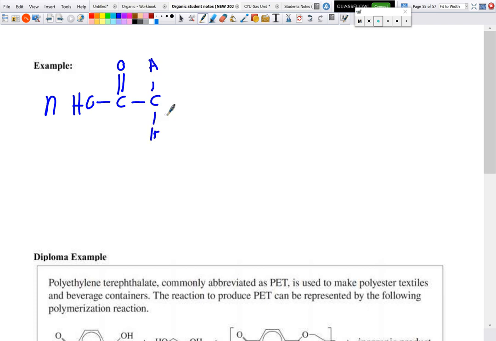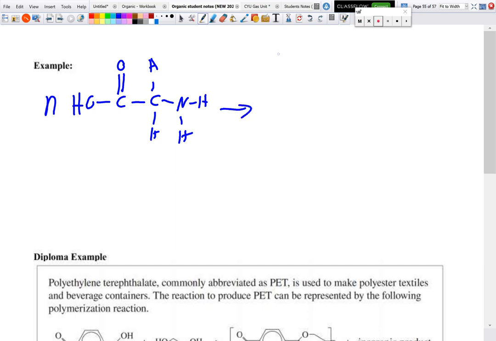Just so you know, if we are asking for some sort of reaction, in this one right here, I'm not going to draw out the reaction again. We could just be given something like this, where we have this molecule, we can tell we have our carboxylic acid on one end, and we have our amino functional group on the other end.